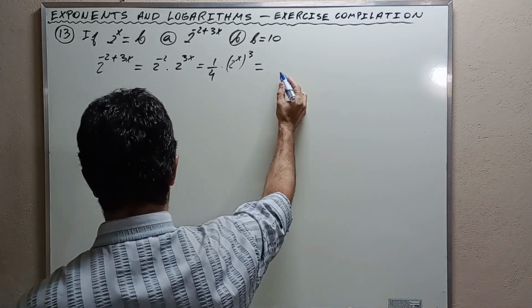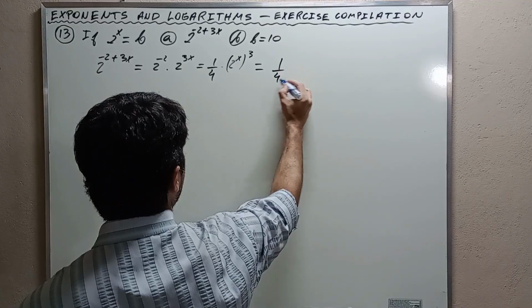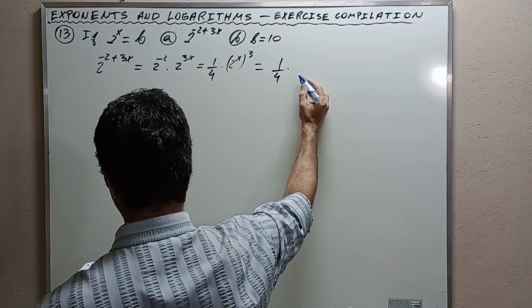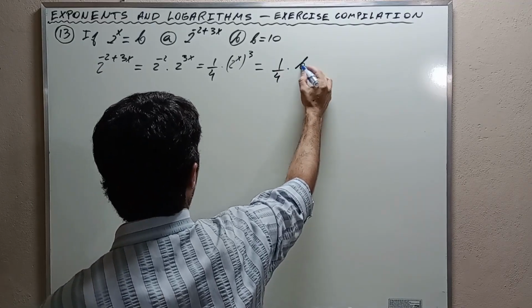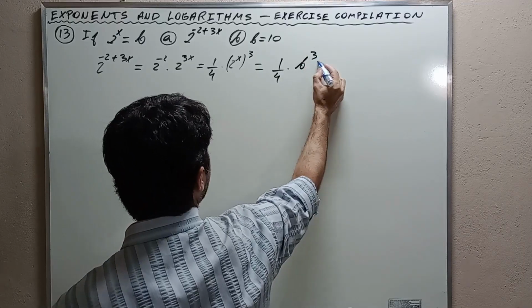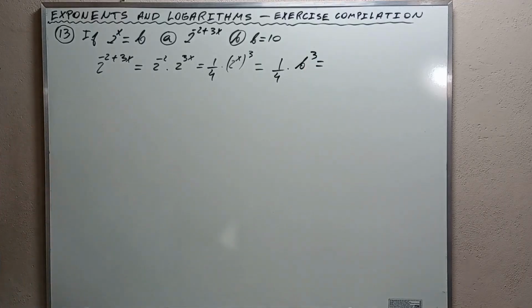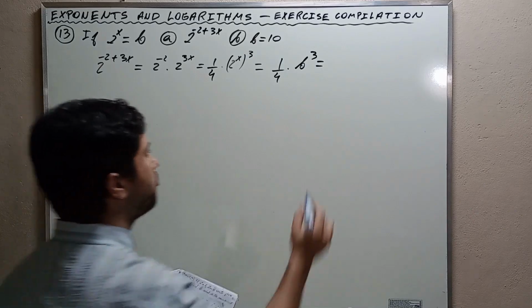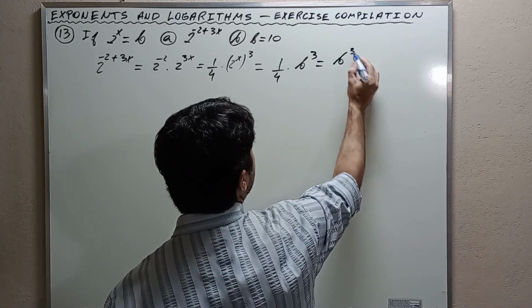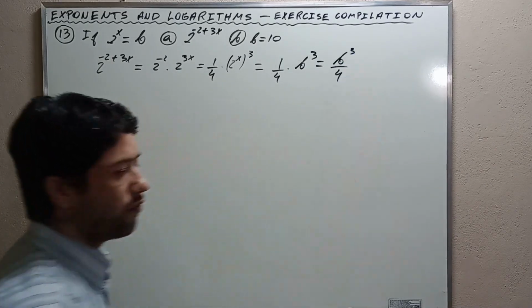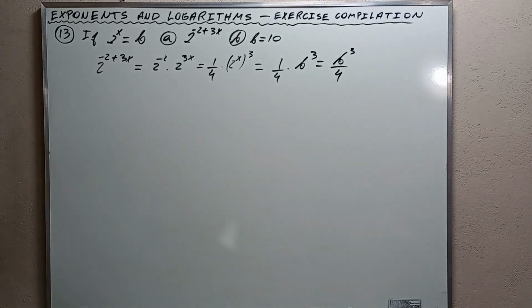It becomes a fourth of b cubed. And ultimately we find that it is b cubed divided by 4. This for letter A. Now for letter B, we want the result if b is equal to 10.